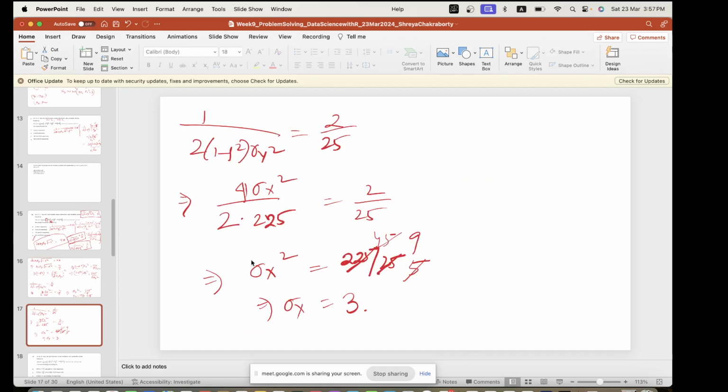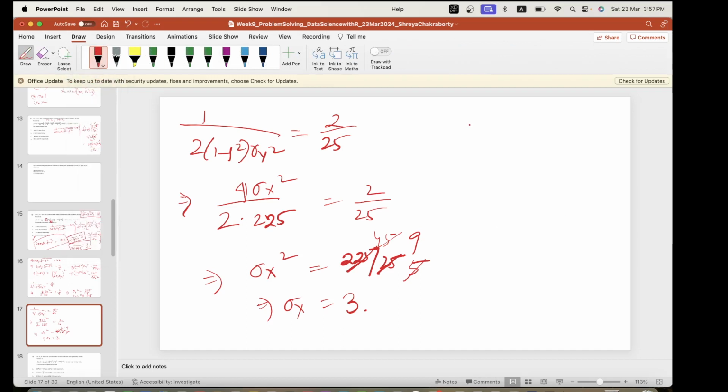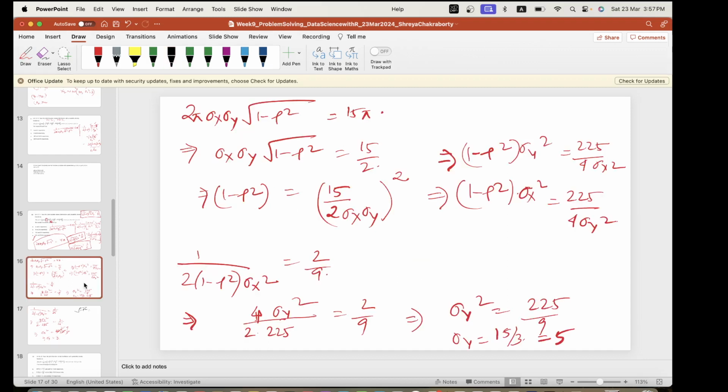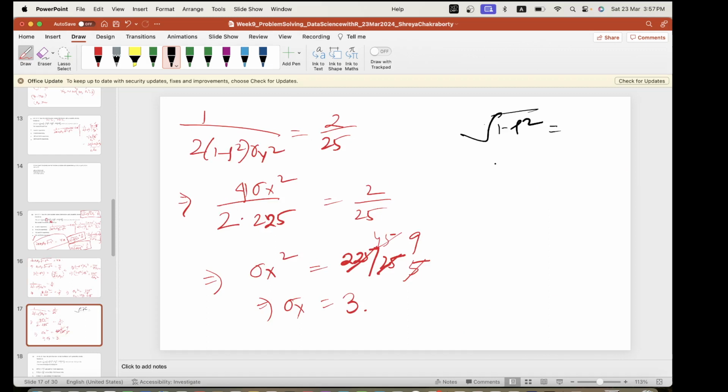Okay, so if I am asked what is 1 minus rho square, what would I write? So then root over 1 minus rho square would be 15 by 2 sigma x sigma y.